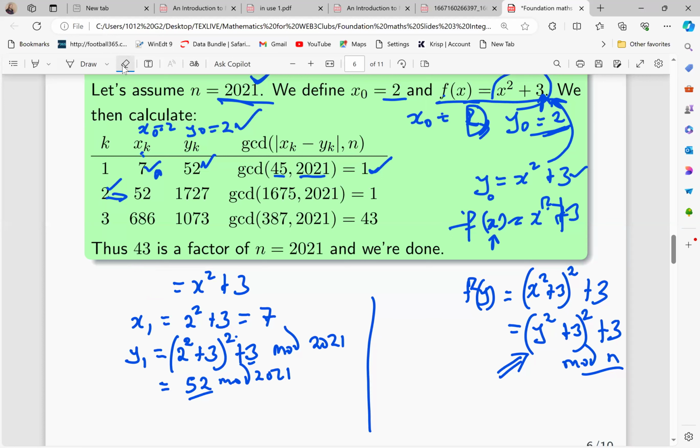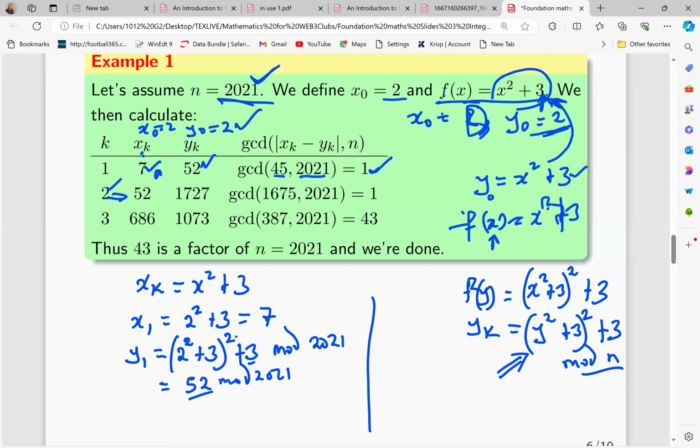We're using this to find xk. And the one we'll be using to find our y value is this one, the equation we'll be using to find our yk.